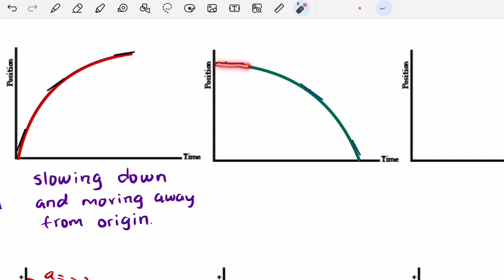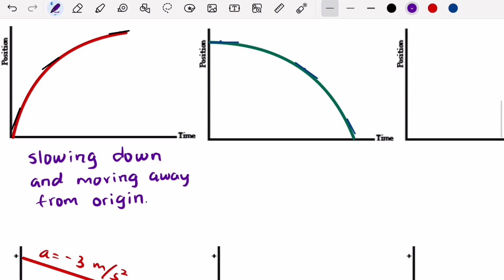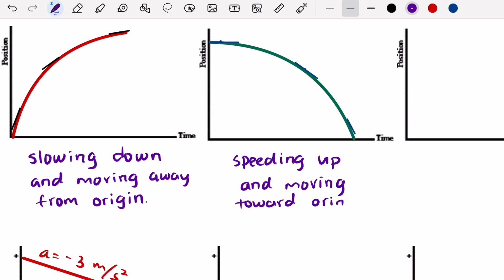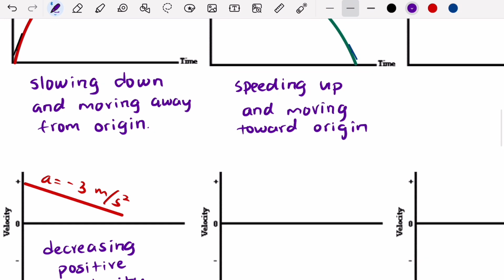Almost flat, increasing negatively, more negative if you will, and even more so. So this is speeding up and moving toward origin. So speeding up negatively. I know that's a little confusing, but just do the 3-point test and you'll know based on the slope. Because the slope is increasing negatively, okay?